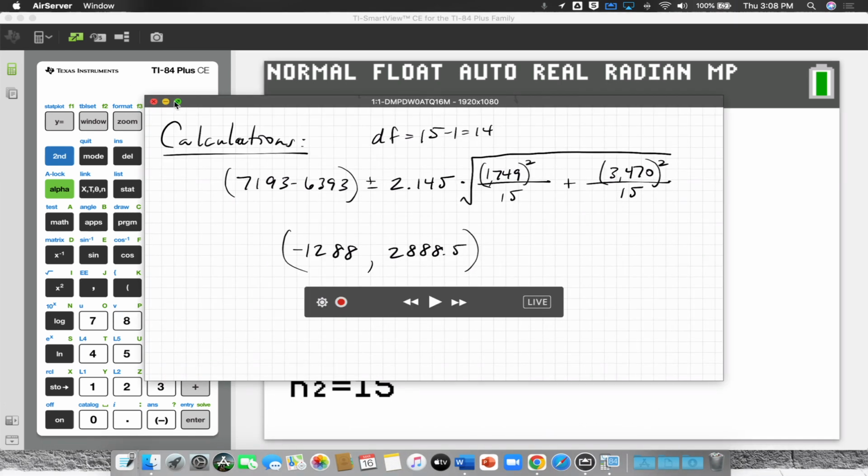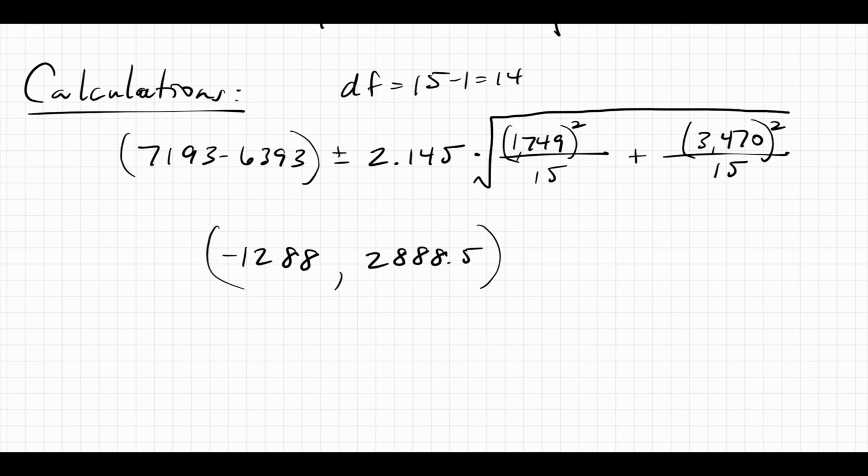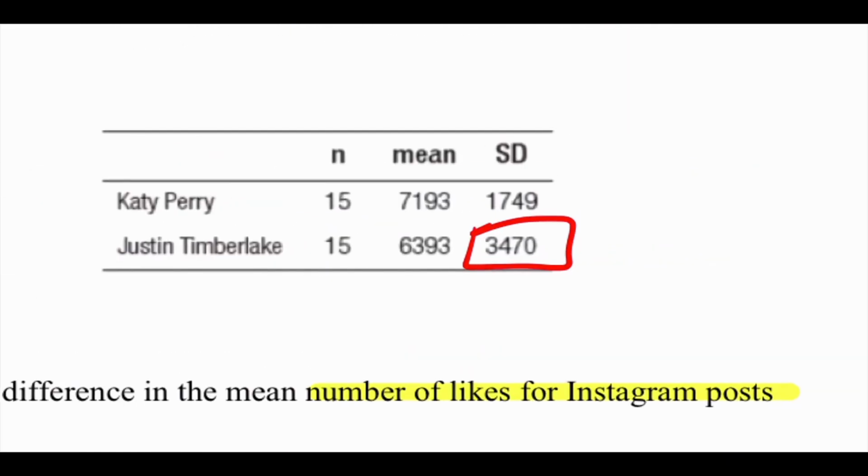It can be a little confusing because you go up here and you're like, well, they didn't have the same number of likes. Katy Perry had a higher average than Justin Timberlake. Yes, there is a difference in their samples, but it wasn't a big enough difference to say that, on average, Katy Perry is going to have more likes than Justin Timberlake. It could be just that in that sample of 15, there happened to be more.